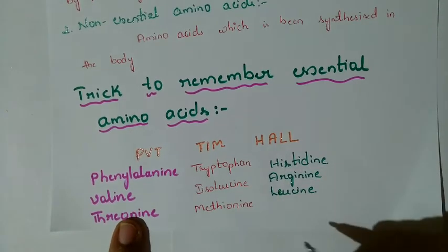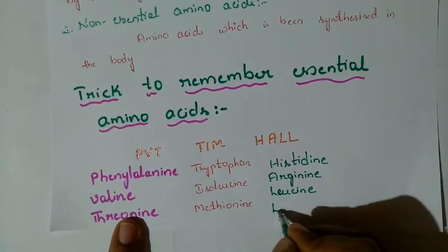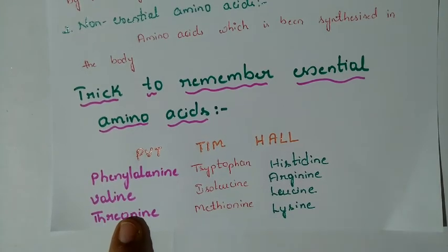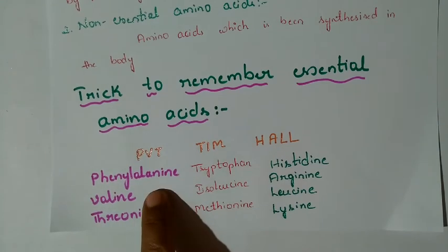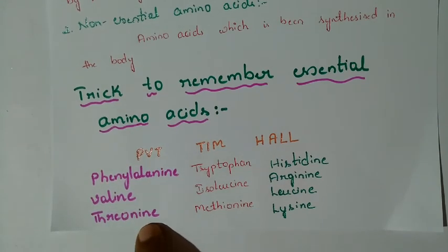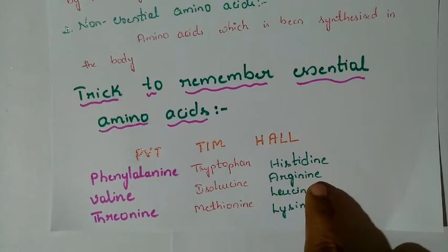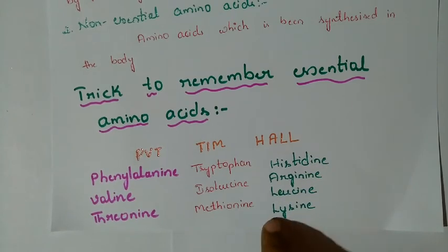One L is for leucine and another L is for lysine. So phenylalanine, valine, threonine, tryptophan, isoleucine, methionine, histidine, arginine, leucine, lysine. All these are essential amino acids.